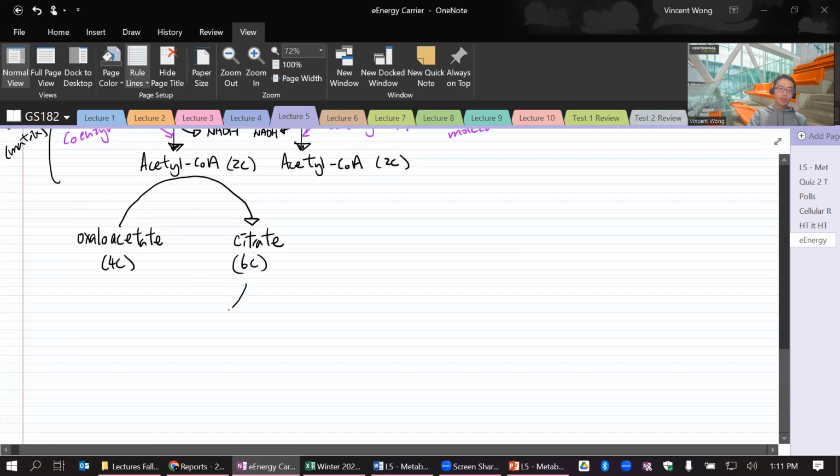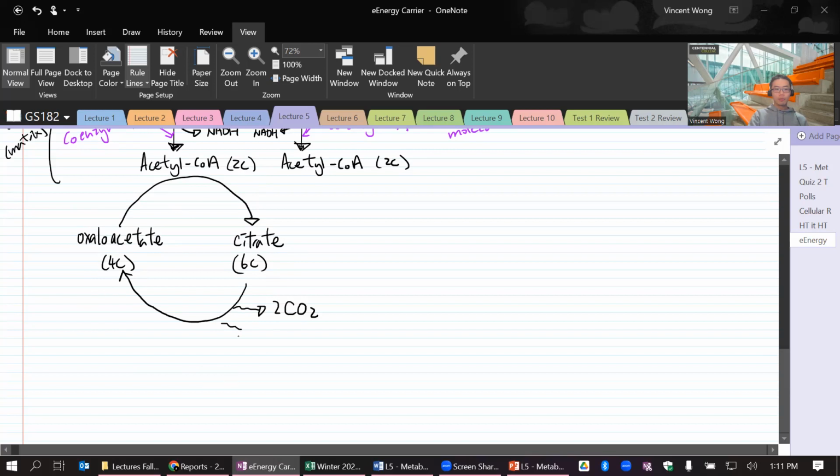Then a bunch of things happen, which we don't really have to know. What we do have to know is that this is going to release 2 carbon dioxide. So if you take the 6 minus the 2 carbons that we released, it will go back to 4 again. And it will be available to combine with another 2 carbon, and then it just keeps on happening.